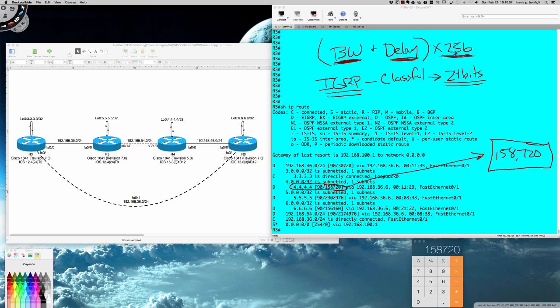So we multiply the values by 256 to make sure that the values would end up at 32 bits.